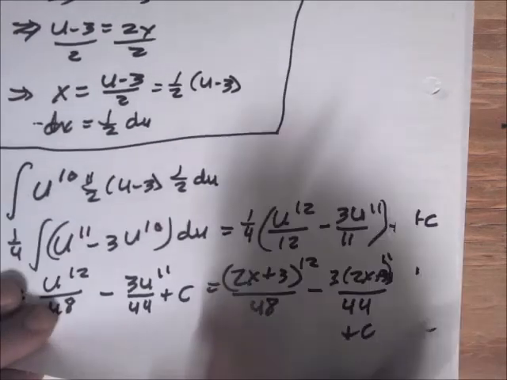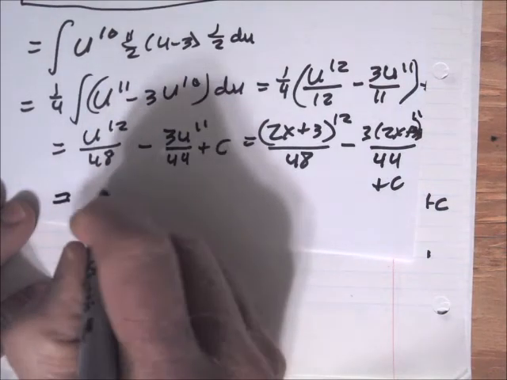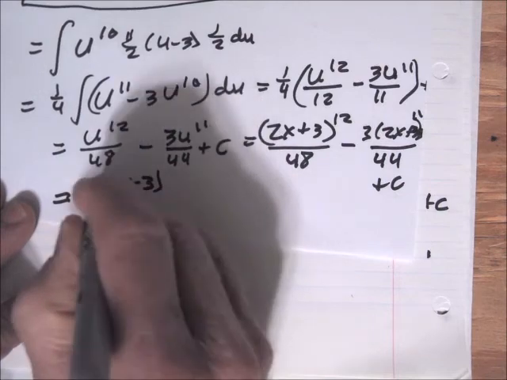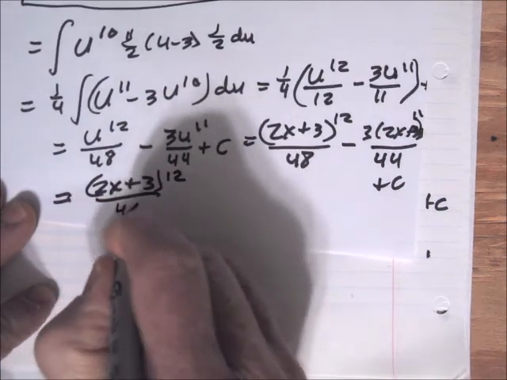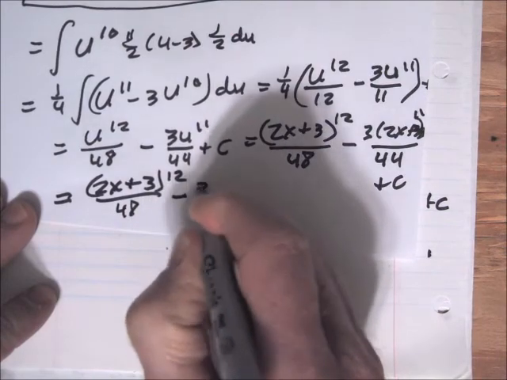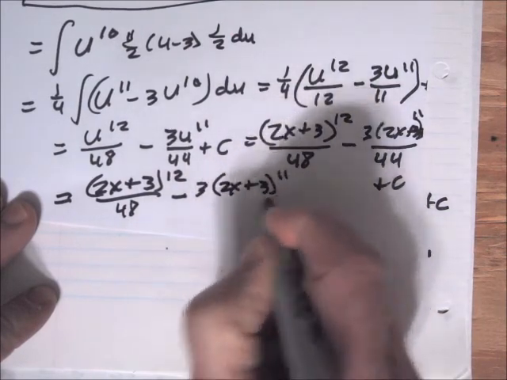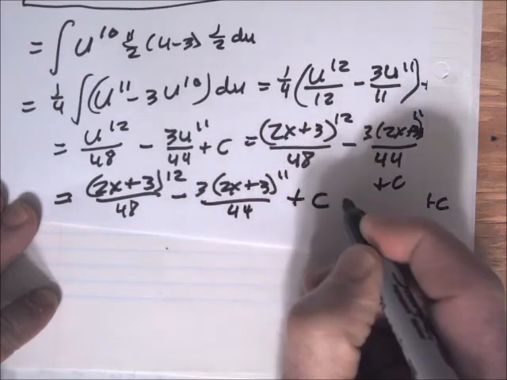I was running out of room there. So the final answer is 2x plus 3 to the 12th over 48 minus 3 times the quantity 2x plus 3 to the 11th over 44 plus a constant.